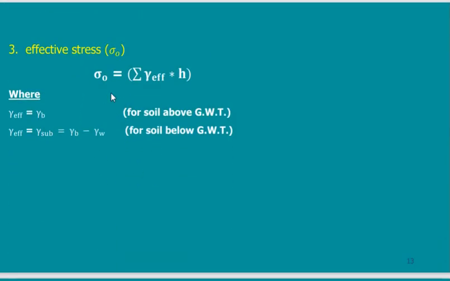Effective stress. You can go to this equation. This equation says that the gamma effective is the gamma bulk minus gamma water.